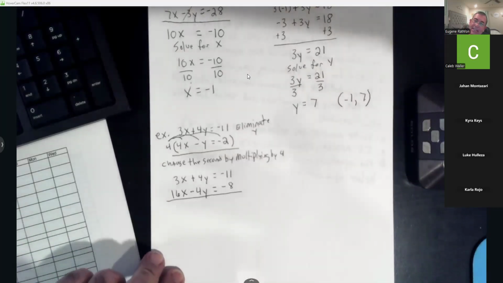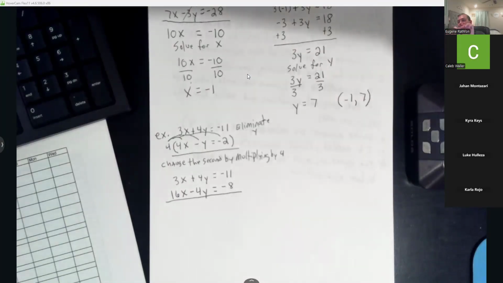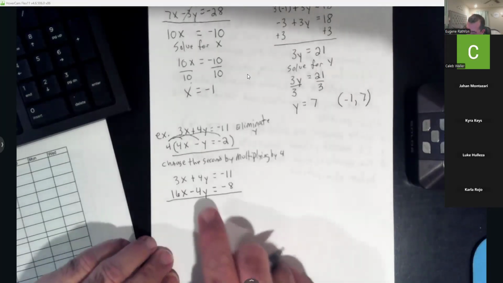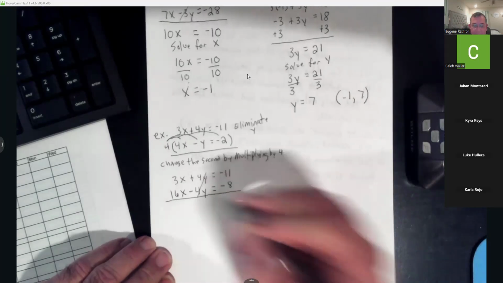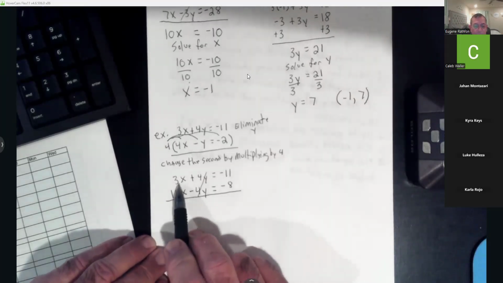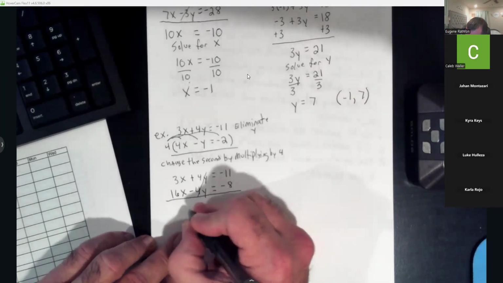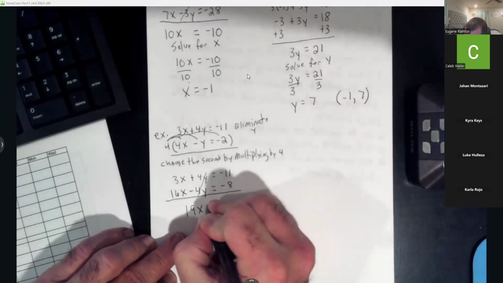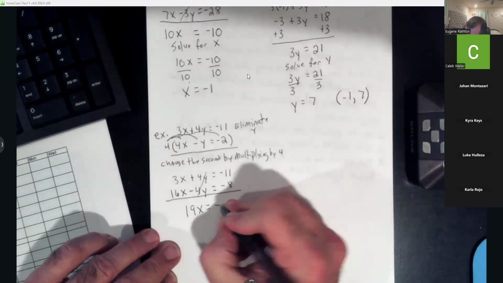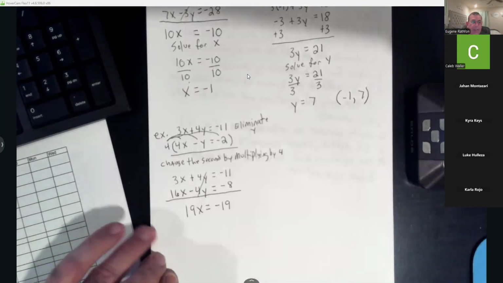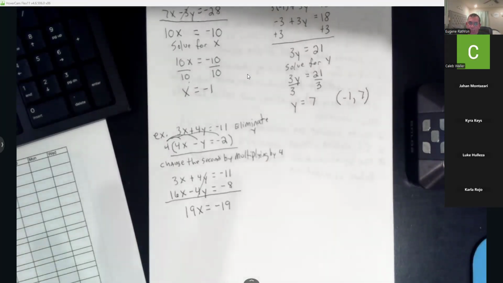Now, we could have did the x's, but like I said, you would have to change both rows to get rid of the x's. Because I can't turn a 3 into a 4, and I can't turn a 4 into a 3, okay? Now, so eliminating the y right here, the y's will cancel. So 3 plus 16 gave me 19x. -11, -8 equal -19. So are y'all with me on that?